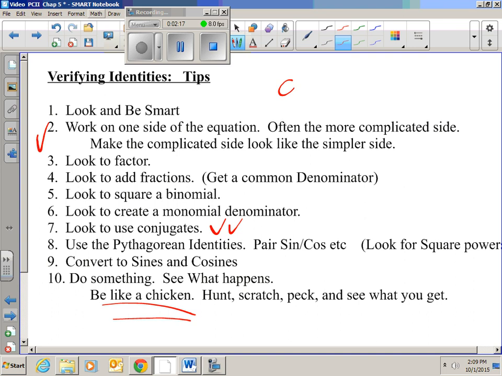The conjugate of a plus b is a minus b. And the conjugates are what you multiply to get differences of squares, right? Really look for the Pythagorean identities. Those are huge. And if you got some yucky functions like the secants and the cosecants and tangents, write them in cosines and sines, and often you get some good cancellation to take place.